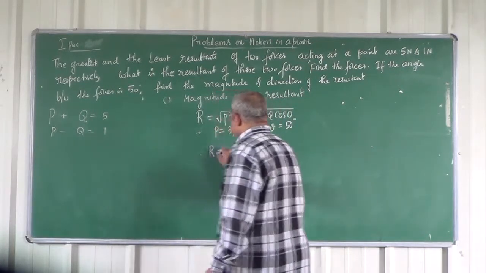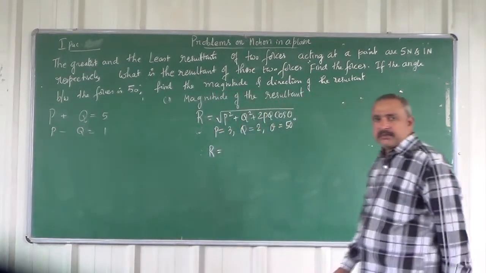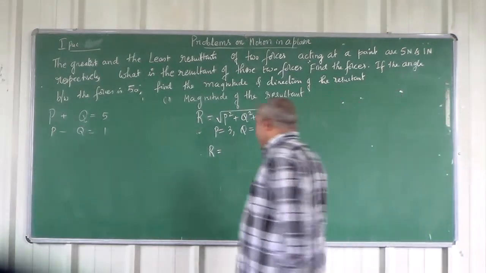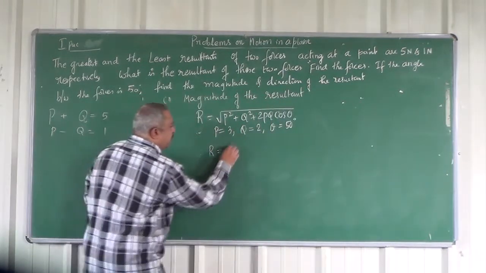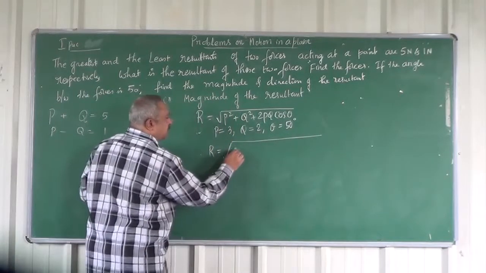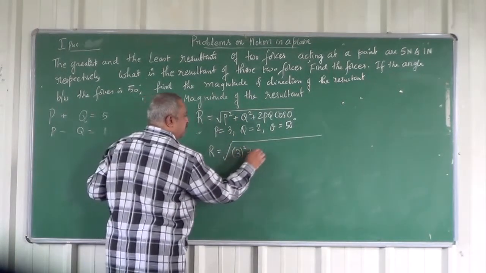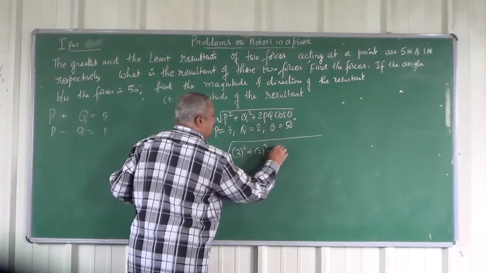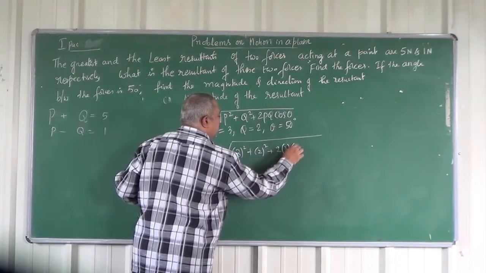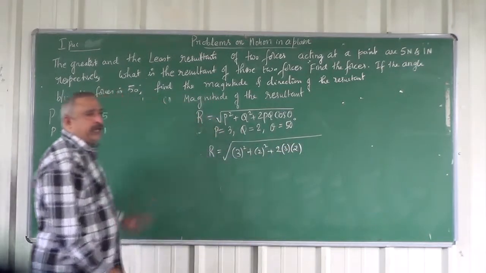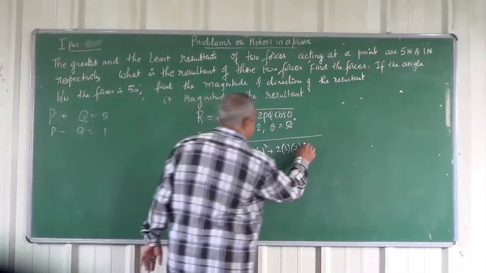Therefore R is equal to square root of 3 square plus 2 square plus 2 into 3 into 2 into cos 50.